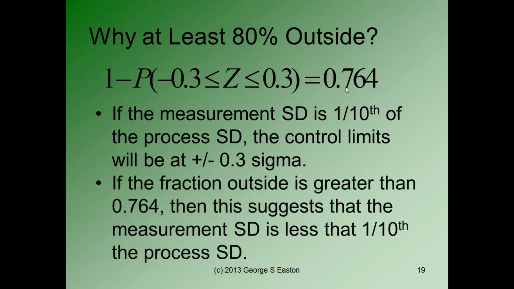So what this means is that if the fraction outside is greater than 76%, then this is going to suggest that the standard deviation of the measurement instrument is less than 1/10 of the standard deviation of the process characteristic that I care about. So 76% or more means measurement standard deviation is small enough. And this 76.4% is rounded to 80%, and that's where the criterion comes from.